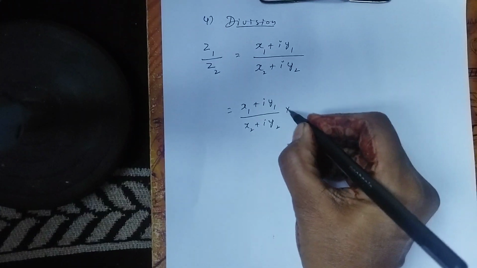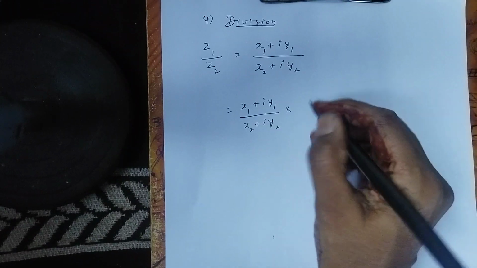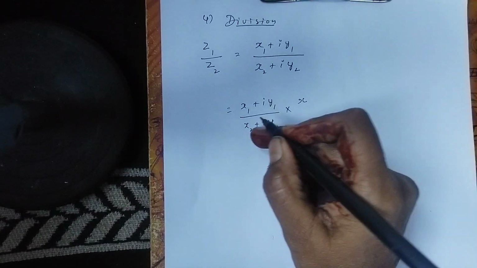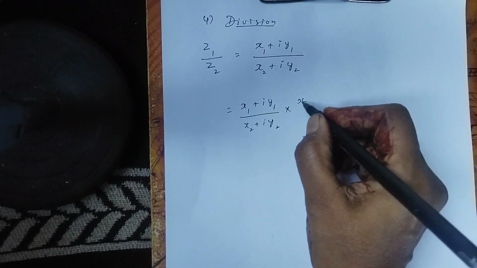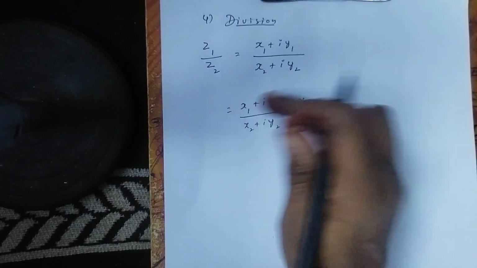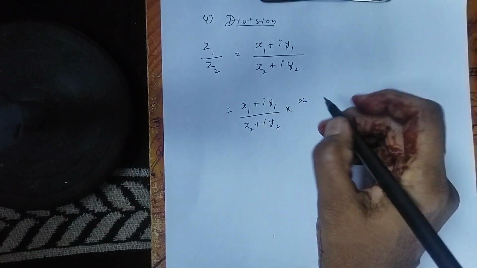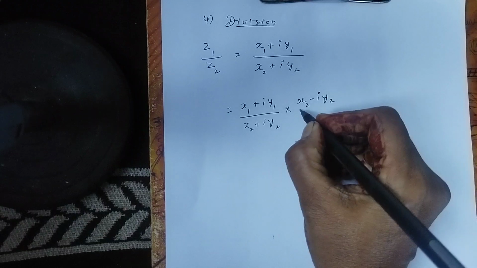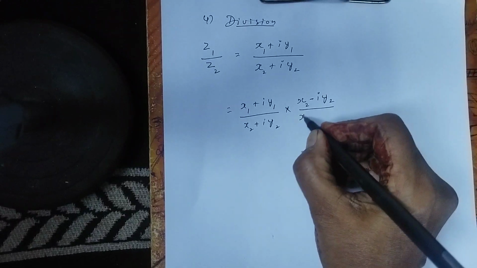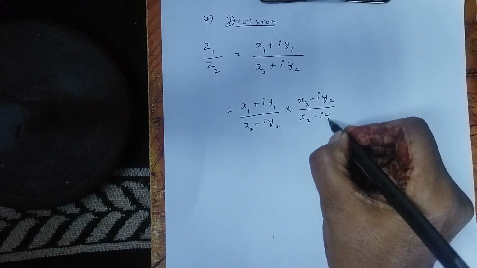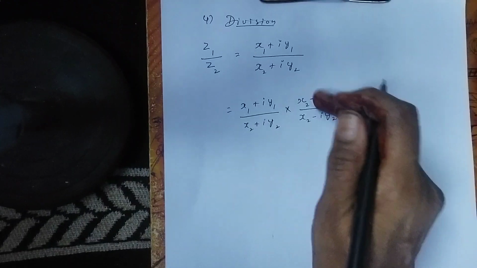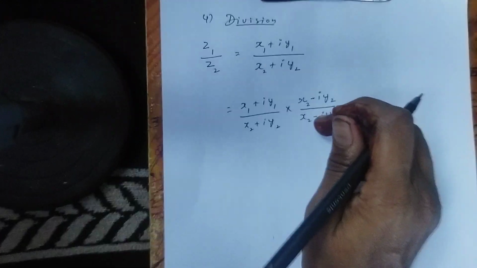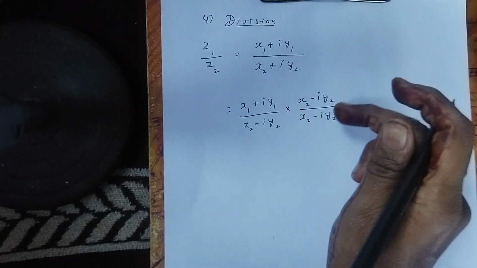You should just rationalize the denominator. That means you write the denominator term with the sign changed, x2 - iy2. Just change the sign and write the same term. We call that method rationalizing the denominator.